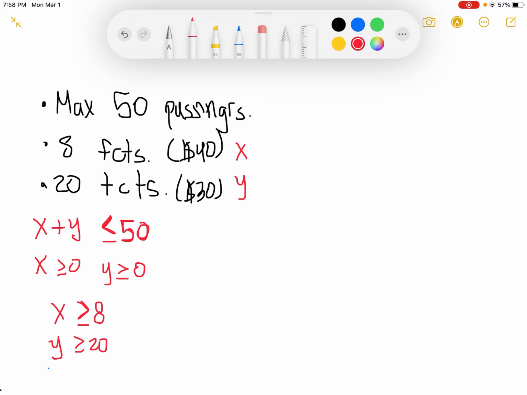So we have 5 different things here. 1 here, 2 here, 3, 4, 5. And what we need to do is graph these 5 inequalities. So that might sound crazy, but it's really not that bad. We figured out how to do that. So if you don't know how to do that, look at previous lessons in this unit.